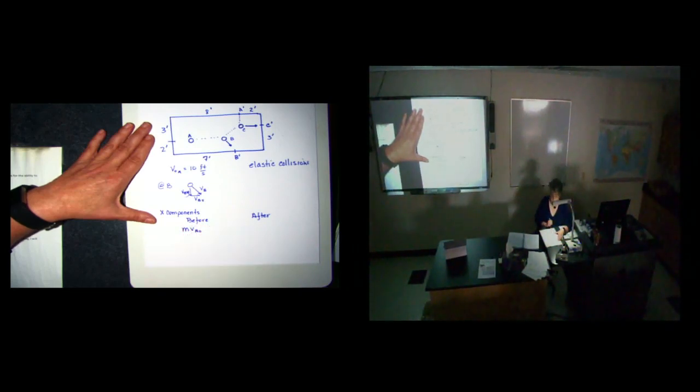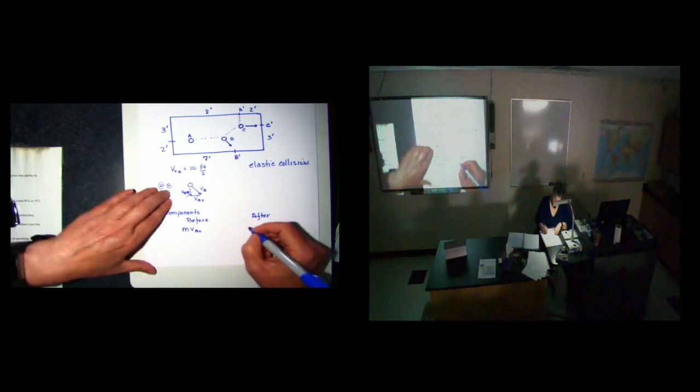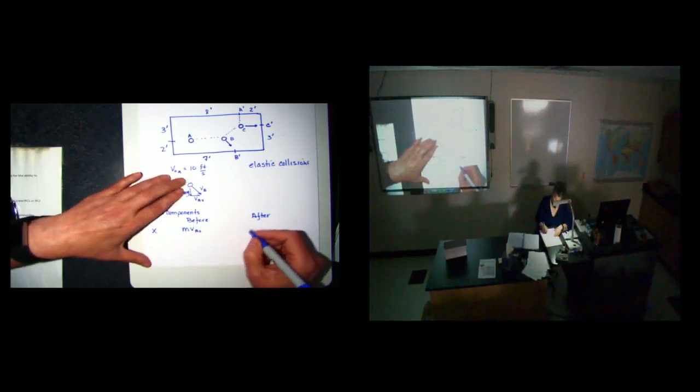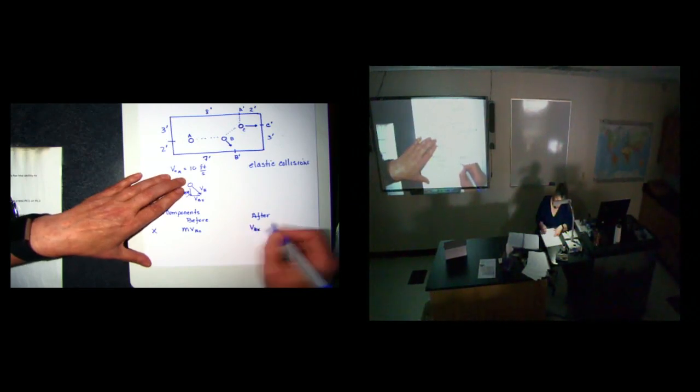But VB squared is equal to VBX squared plus VBY squared.